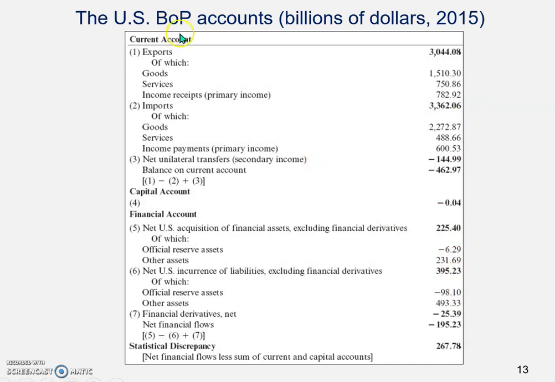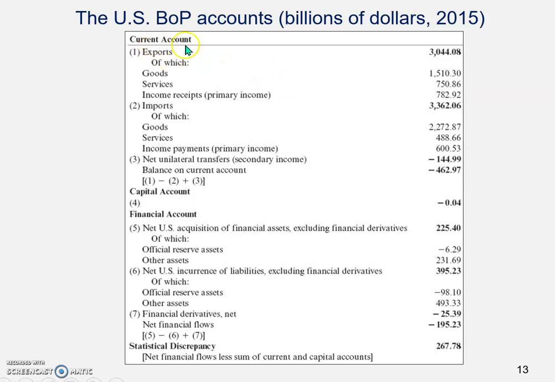In this table, you find that there are actually three blocks or sections. At the top is the current account. At the bottom is the financial account. In the middle is the capital account. Once again, when you look at the numbers under capital account, it's super small. That's why oftentimes people do not pay much attention to it.